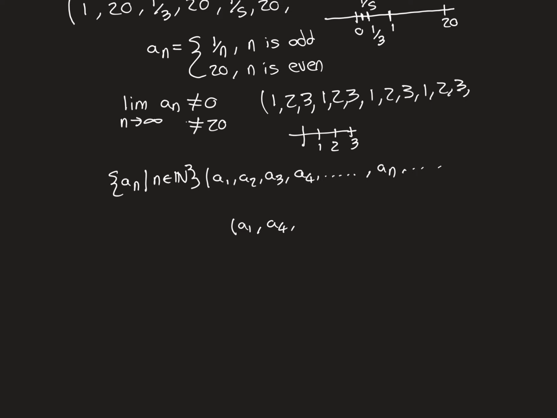And then a subsequence is going to be a subset of these, but when they're rearranged into the sequence, they have to be in the same order that they were originally in. So for instance, you can't suddenly have, I don't know, A5, A2, A1, A6, A7. That's nonsense. That's not a subsequence, because the order of these terms isn't the same as the order that they appeared in the original one. So you have to keep them in the same order.